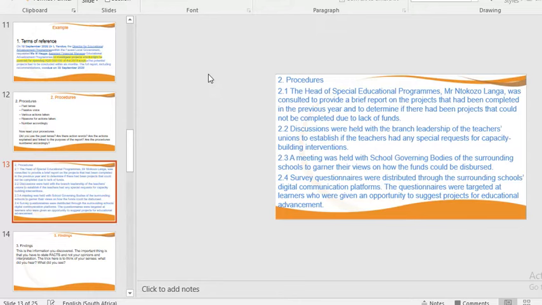Survey questionnaires were distributed through surrounding schools' digital communication platforms. The questionnaires were targeted at learners who were given an opportunity to suggest projects for educational advancement.